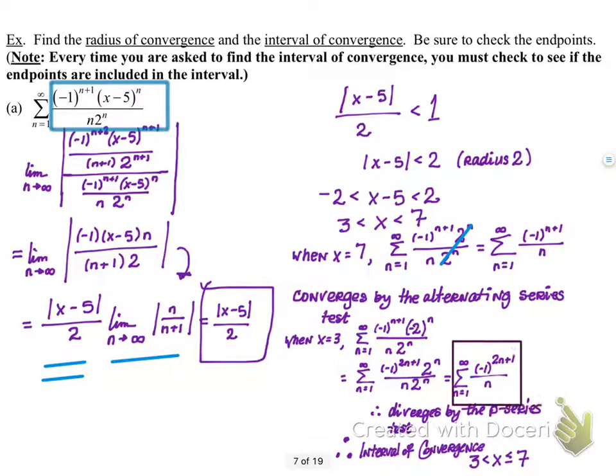Now we're going to talk about something I had some questions on. I can't remember who asked these questions, but that right there will always be negative. It's telling you 2n plus 1, so that means that it's always going to be odd.